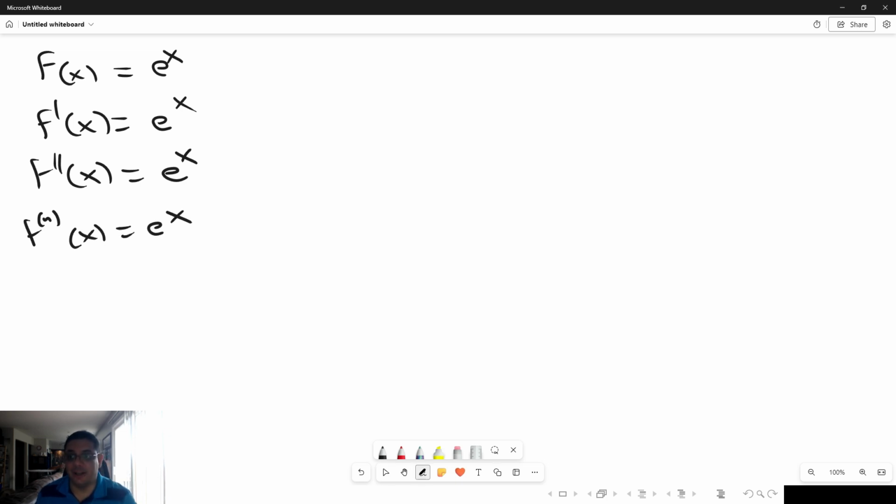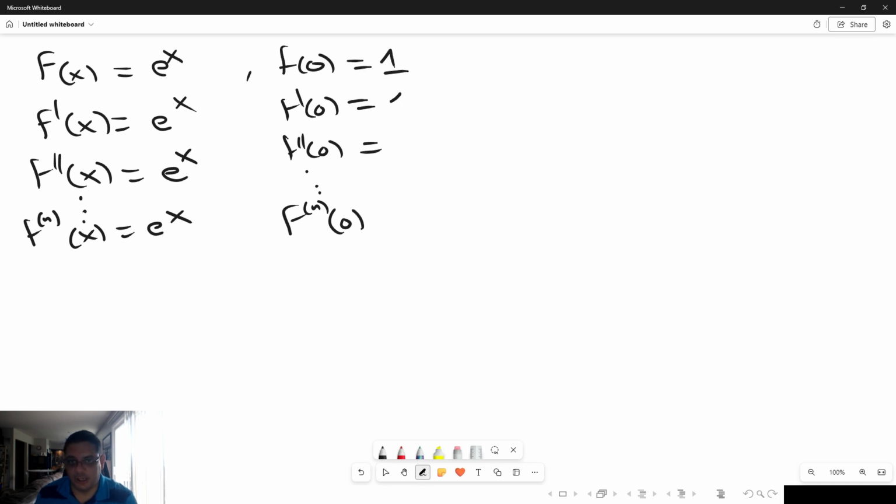Remember that we're talking about getting a Maclaurin series, so this means that we're always going to center around 0. So we care about what is f of 0, f prime of 0, f double prime of 0, and f n of 0. In this case it's easy because since it's always the same function, e to the 0 is just 1.